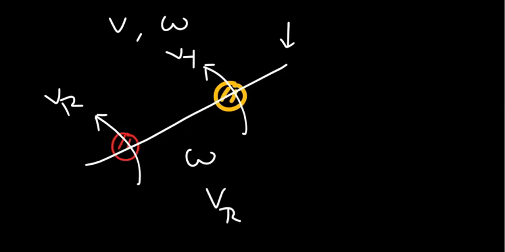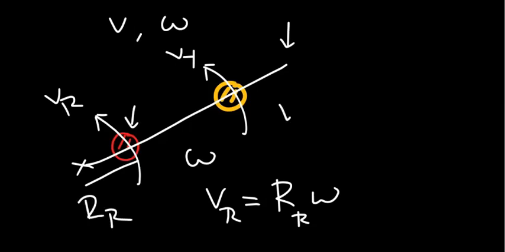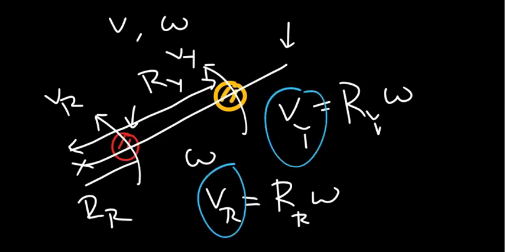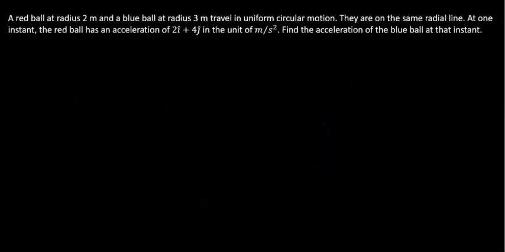So V red equals R red omega, where R red is the distance from the center of rotation to that object, and V yellow equals R yellow times omega, where R yellow is the distance from the center of rotation to that yellow object. So you see, these two things are different. This remains the same.